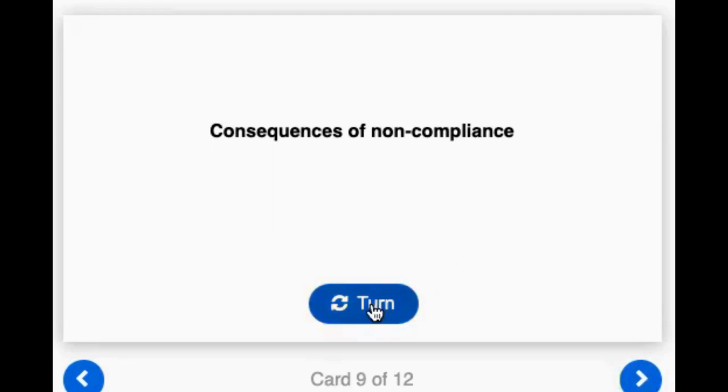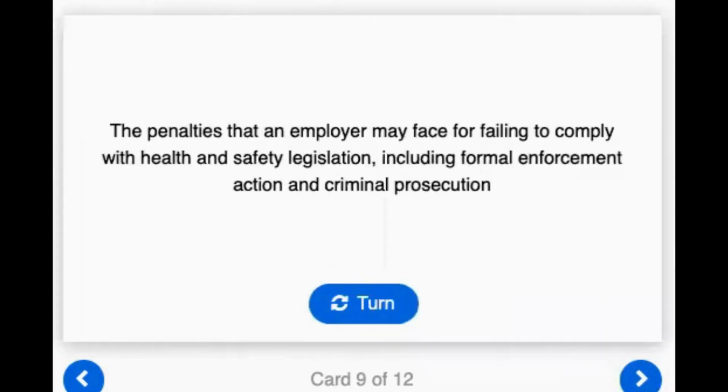Okay, now I turn the card and you see the response. The penalties that an employer may face for failing to comply with health and safety legislation, including formal enforcement actions and criminal prosecutions. So here are the consequences if someone does not obey the health and safety law.